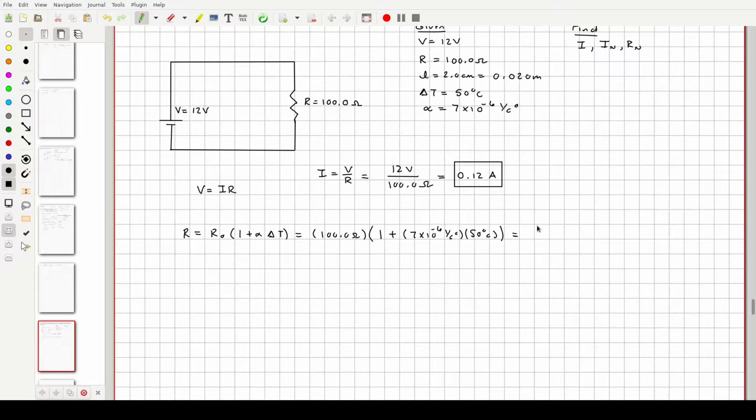So what do I have here? This is 100.035.